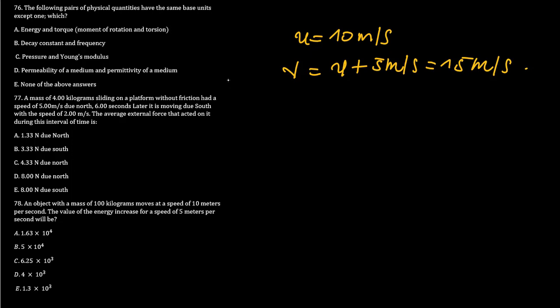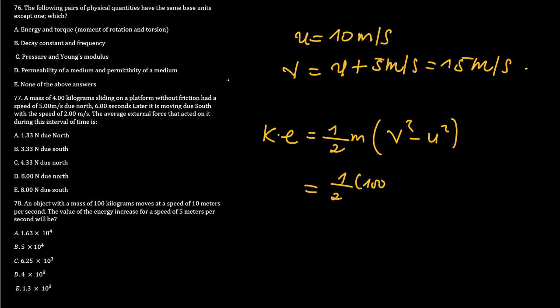And so the energy increase for a speed of 5 meters per second will be, so the kinetic energy K will simply be a half m into v squared minus u squared. So this gives a half times 100 times v squared, which is 15 squared minus 10 squared.